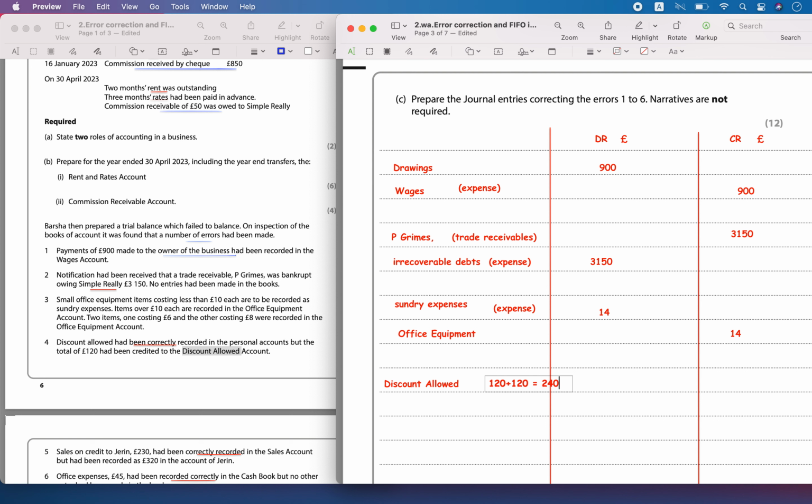So you will correct the entry by putting a double amount on the debit side. One is for the removal and one is for the correct entry. So 240 will be put in the discount allowed account, and since there is no other double entry that's going to get affected and it was done correctly, you will pass it on to the suspense account.